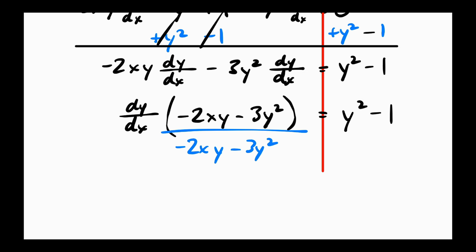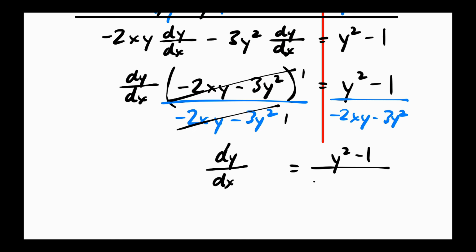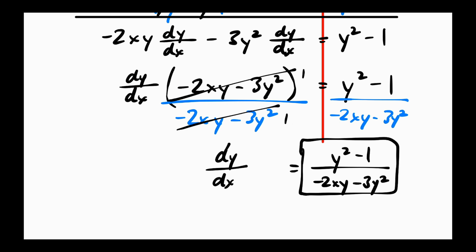Divide by what I don't need since it's just distributive property. Okay, done.